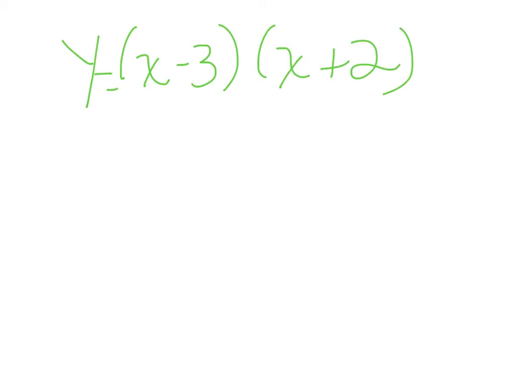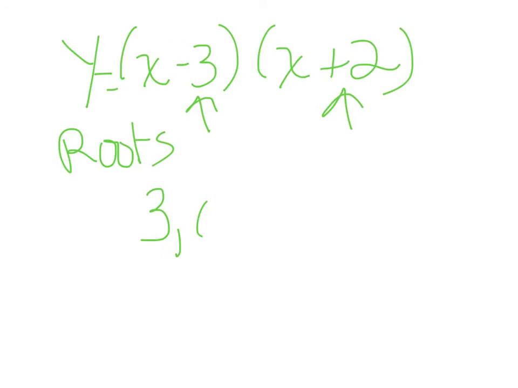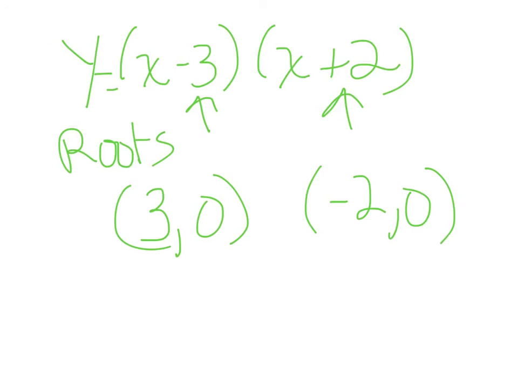Y equals x minus 3, x plus 2. What information does this tell you? It tells you the roots. And the root is going to be related to the opposite of those two. So one root will be at 3, 0. One root will be at -2, 0.